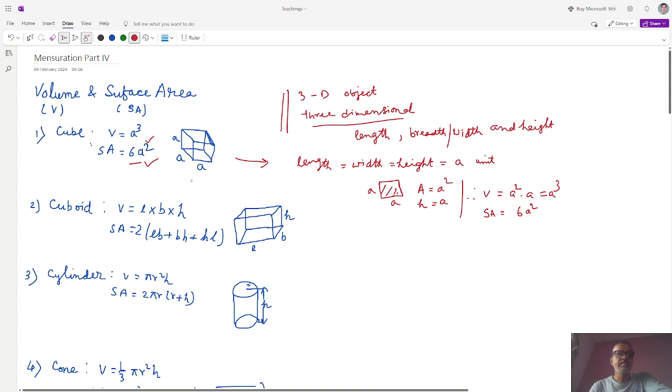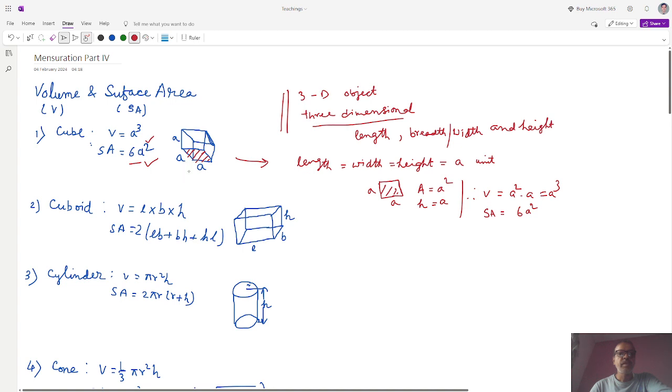That is why I am saying that to find the volume of an object, you have to take first the base and calculate the base area. If we stack this base one by one, then we will get a height, and the volume will be base area into height.